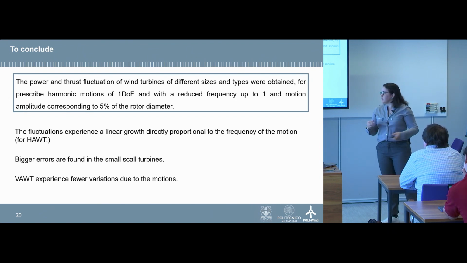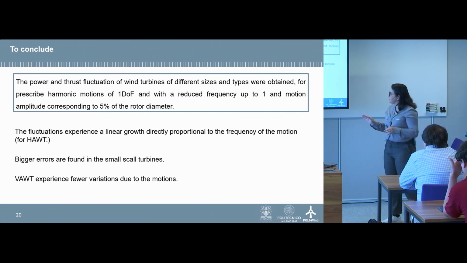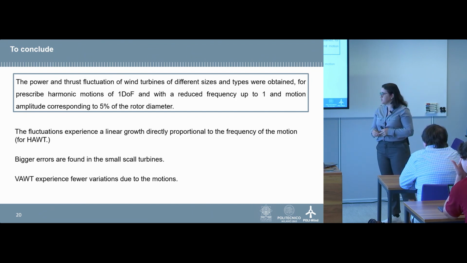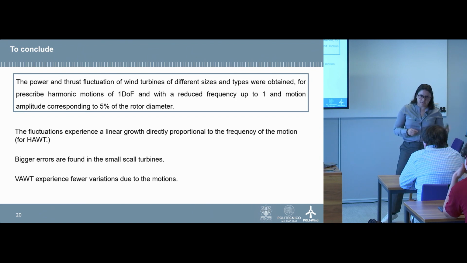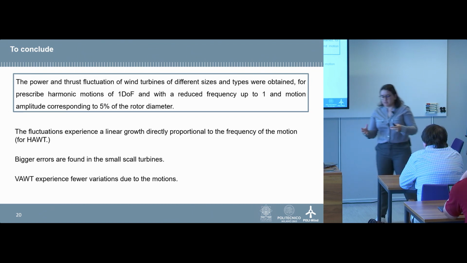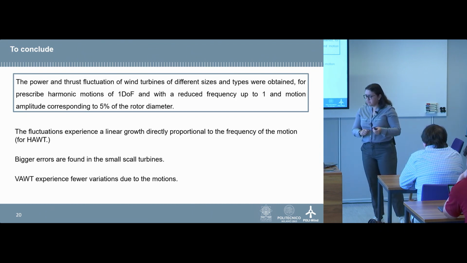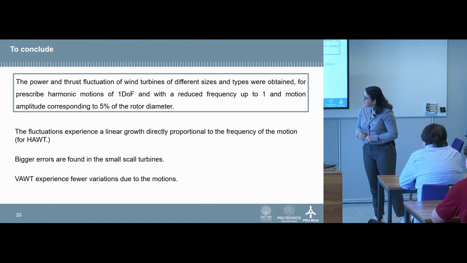And we saw that the fluctuations experience a linear growth proportional to the frequency of motion for the horizontal axis turbines, but we didn't find behavior that we can linearize with the vertical axis.